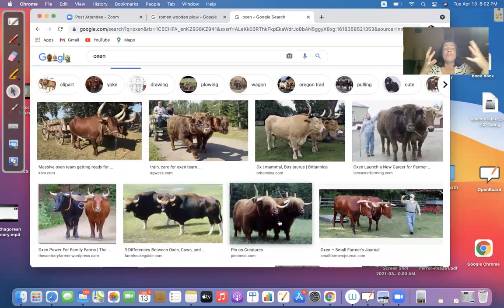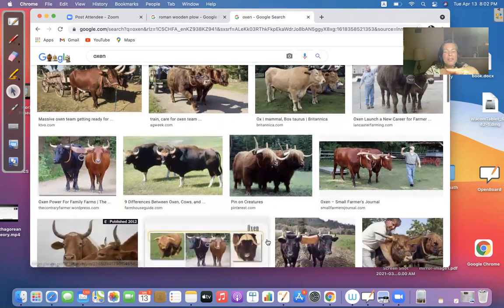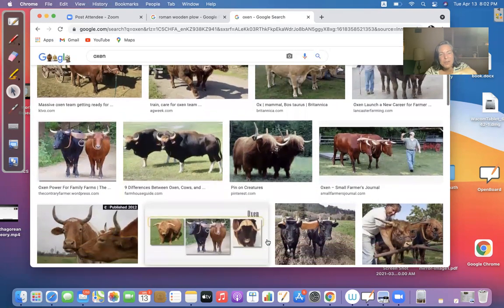These guys are big and strong, but in English, we have a phrase called bull-headed. They don't really like to listen to you. They do what they want to do, and they're super strong, but they don't necessarily listen to you.